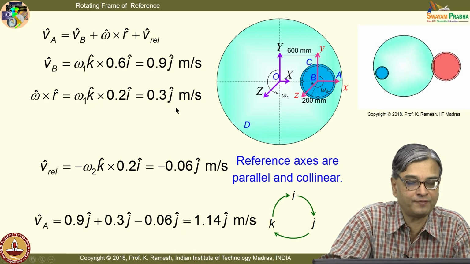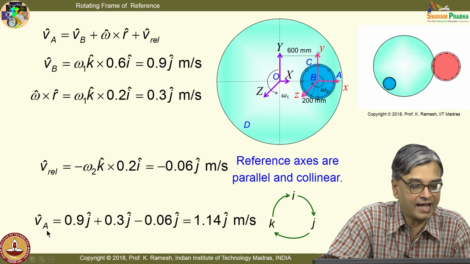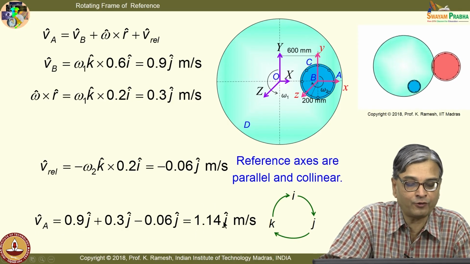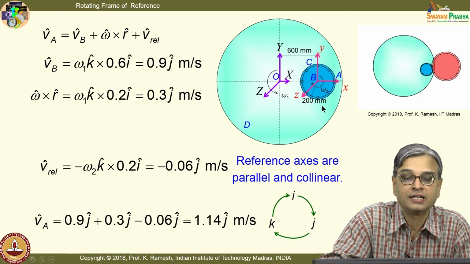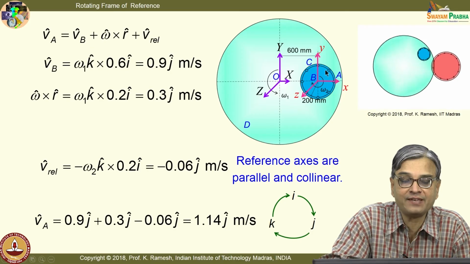And when I add all of these quantities, I have V A turns out to be 1.14 j meters per second.